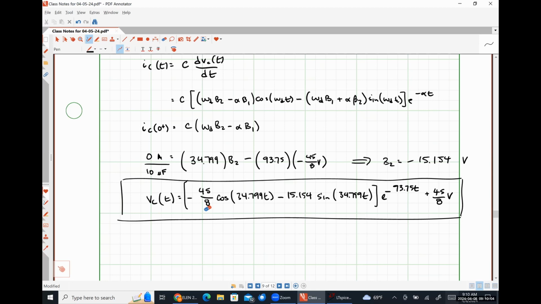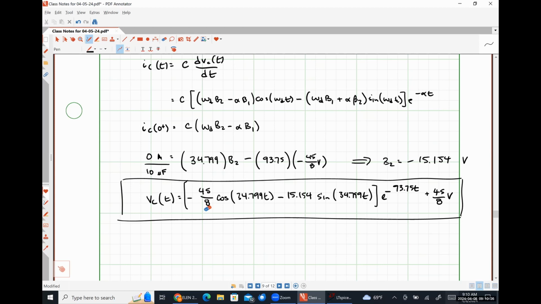So the inductor voltage, how are we going to figure that out? The way I see it, we have 2 ways that we can do it. The first way is to set up a system of equations, just like we did here, using the inductor voltage and current.